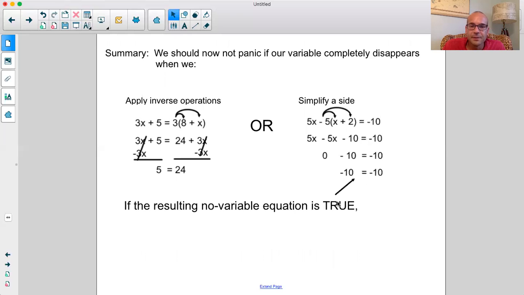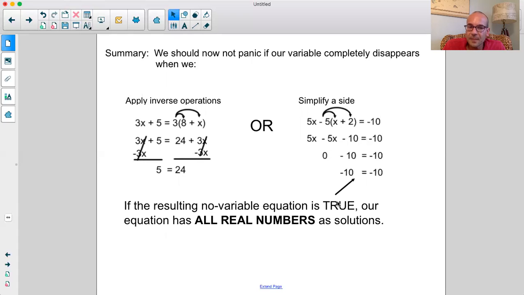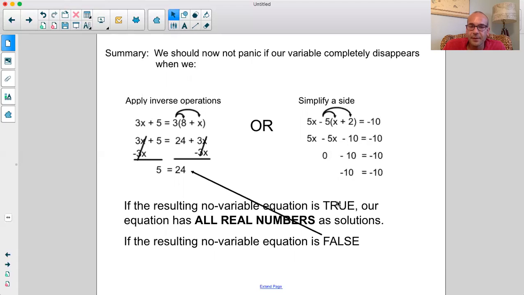If the resulting equation that has no variables in it is true, then our original equation had all real numbers as a solution. And if the resulting equation with no variables in it turns out to be false, like on the left, then our original equation had no solutions. So from here on out, when you're solving equations, just trust your processes, trust your inverse operations, trust your equivalent equations. And if the variables disappear, we're not going to panic.